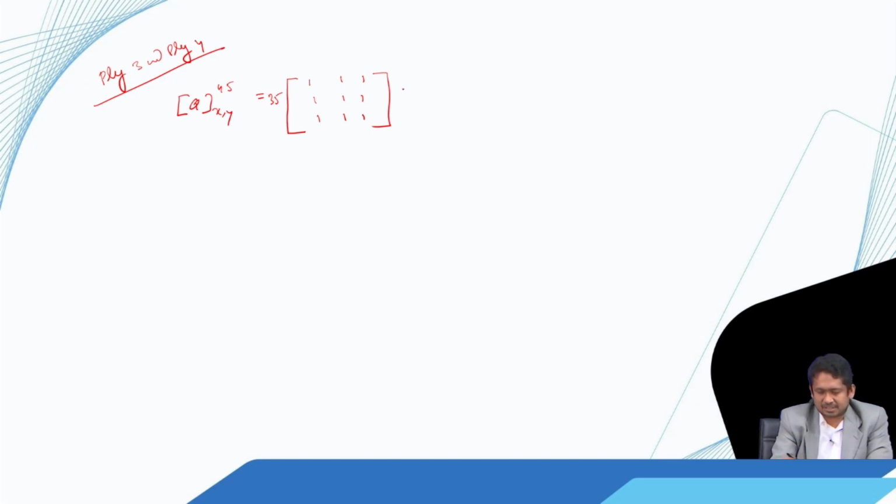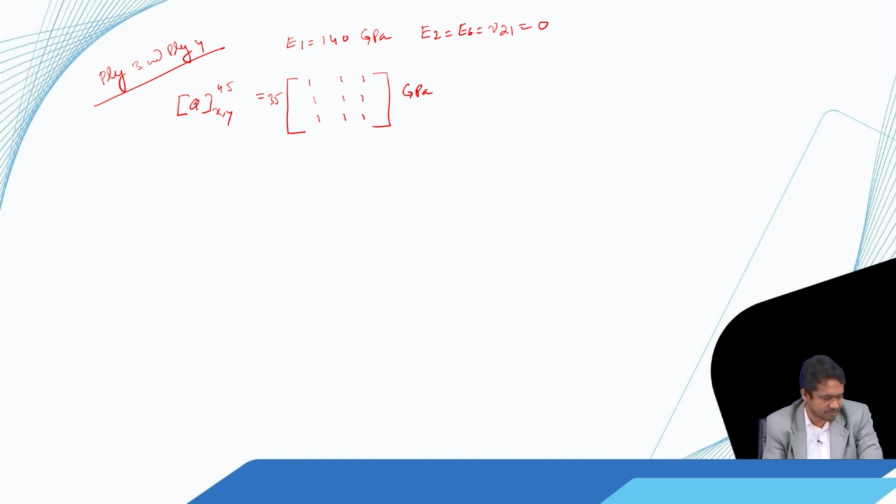So, with that, if we do all the adjustment and recalculate the Q matrix, the Q matrix becomes 1 1 1 1 1 1 1 1 1, we have 35 multiplied here, and GPa. So, E1 is 140 GPa and E2 is equal to E6 is equal to nu 21 equal to 0.